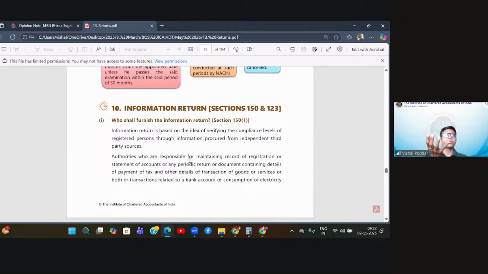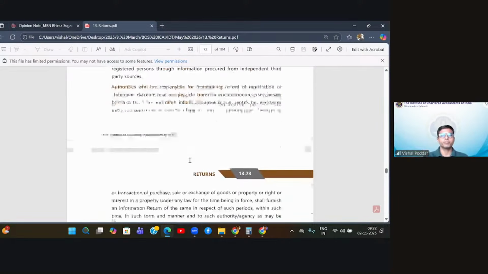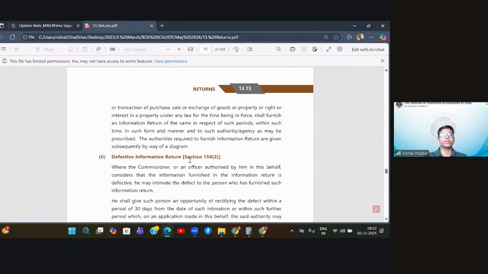Then the government, using the PAN number and GSTIN, brings it into one place, which is the AIS, TIS in case of income tax, so that the government software itself can do the cross verification. So that is the line on which this particular concept works.